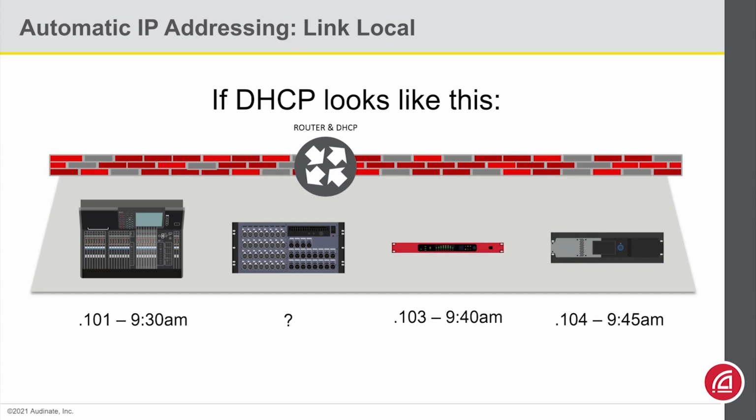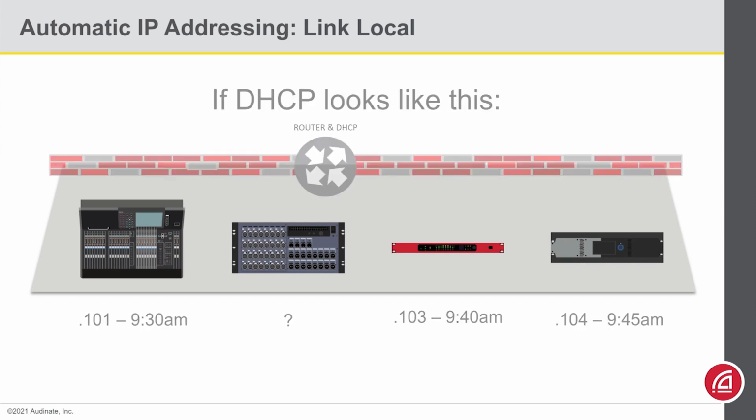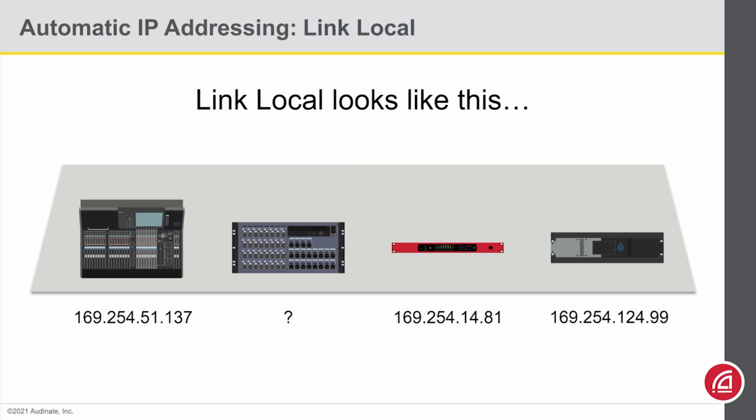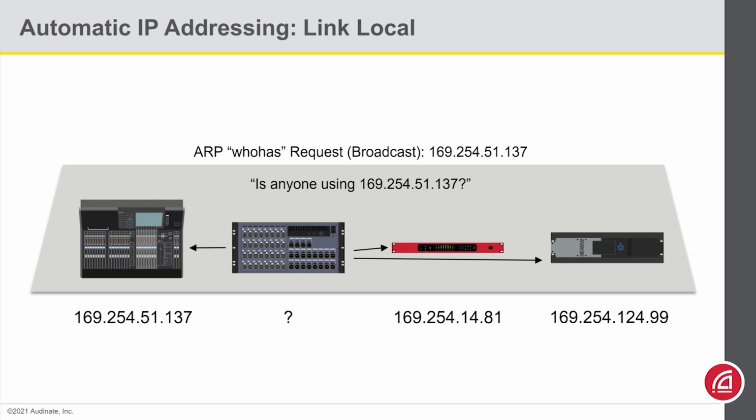So, if DHCP looked like this, with the router, firewall, and the whole bit there, then link local looks like this. It looks a lot more stark, doesn't it? Using link local, a device joining the network will pick an address at random in the 169.254.anything range. It will then send an ARP who has request.